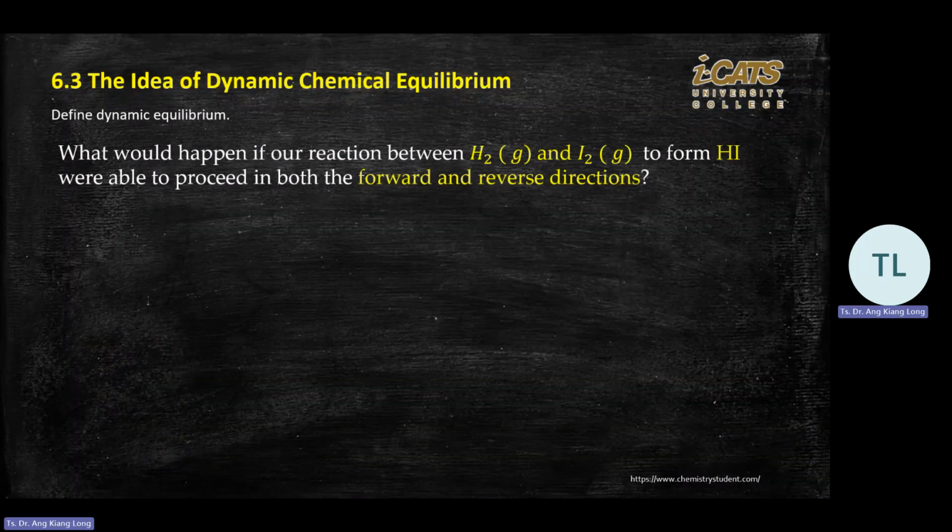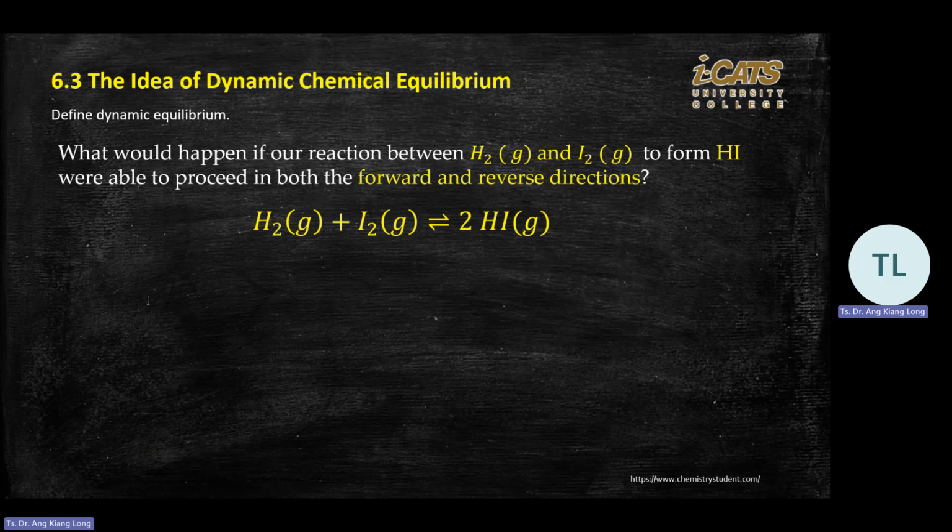Okay. Now we start some calculation. We start to introduce what is dynamic chemical equilibrium. Dynamic means in motion, it keeps on changing. Right? Now, just now you saw a single arrow. If you see a double arrow, it means there is a dynamic action happening, it can be reversible.